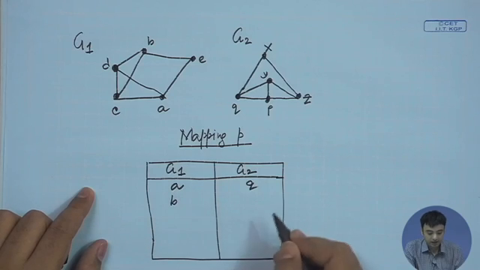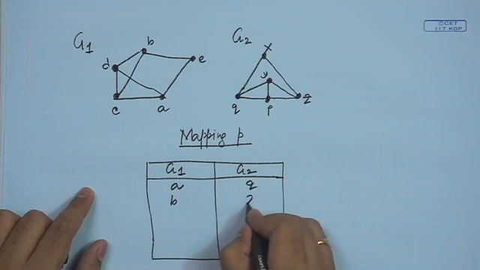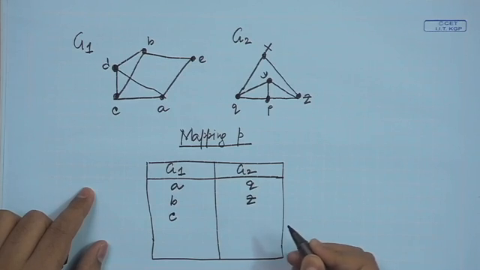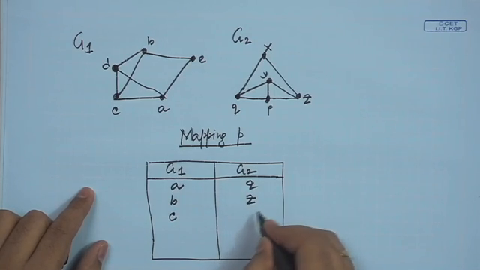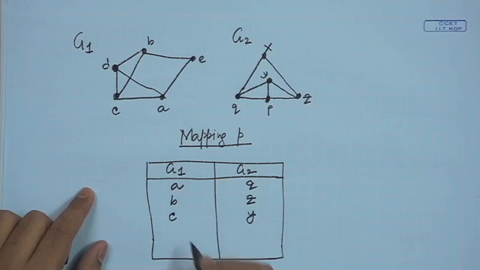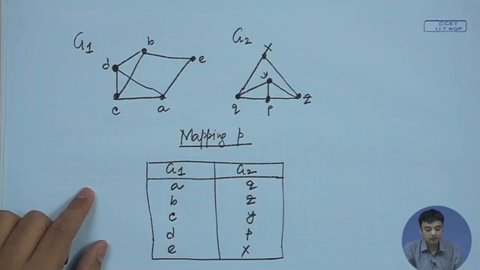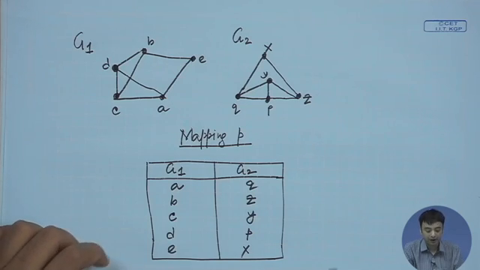Similarly, B in G1 will map to Z, C in G1 will map to Y, D will map to P, and E will map to X. In this way you can establish a bijective mapping between the two graphs G1 and G2, and therefore G1 and G2 are called isomorphic to one another.